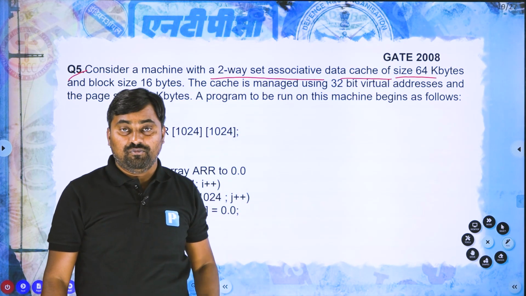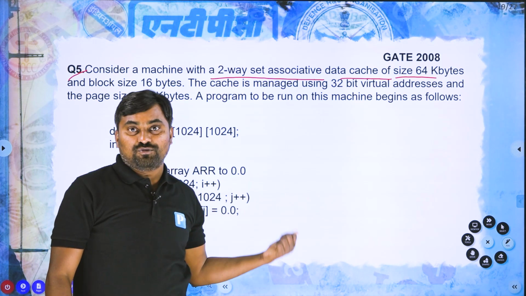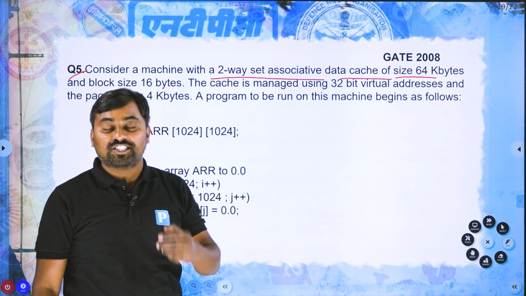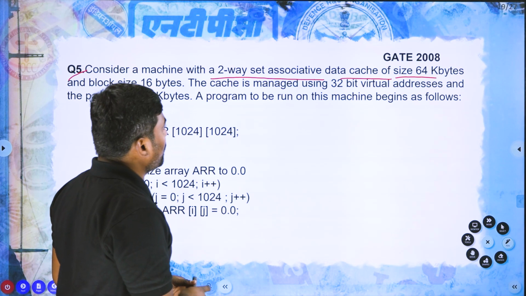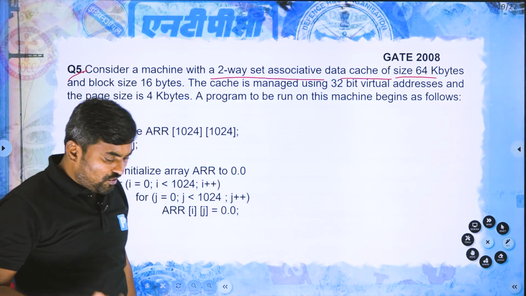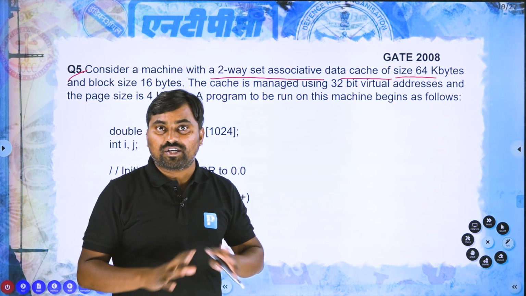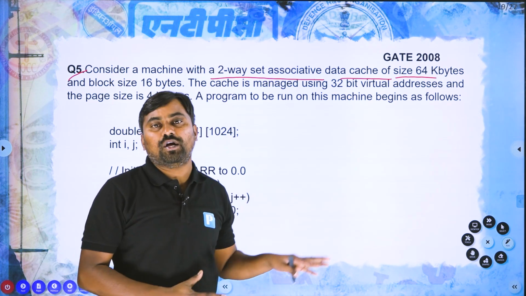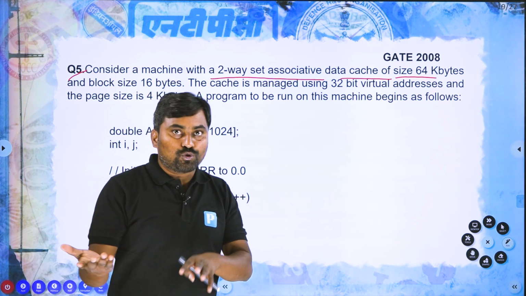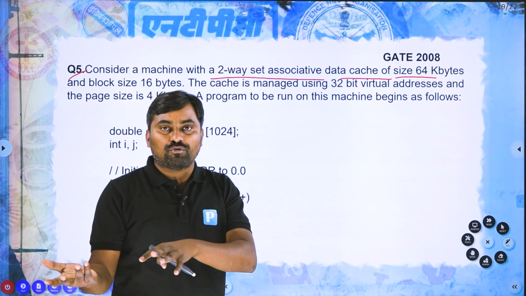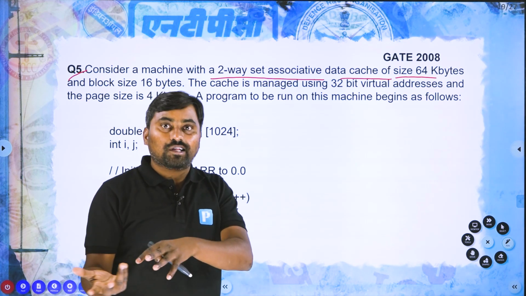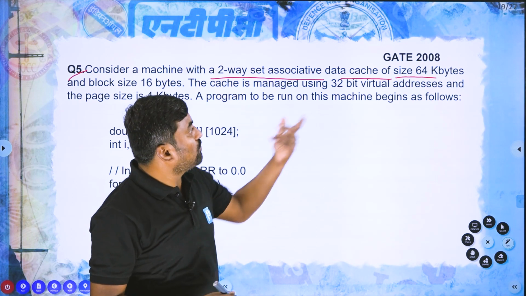Please do understand, there are 3 questions followed with the same data. So now we don't have a scenario of common data or linked answer type questions. We have straight away 2 marks, 1 mark. But before 2013 we used to have common data questions.